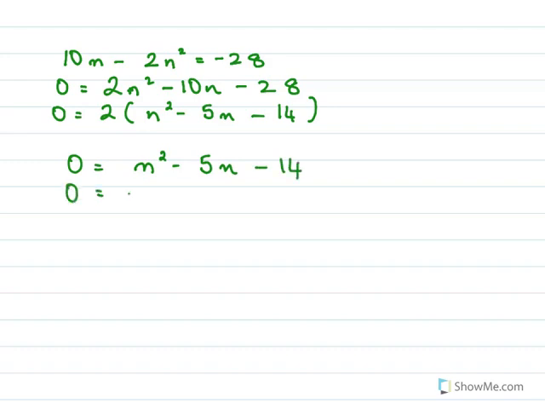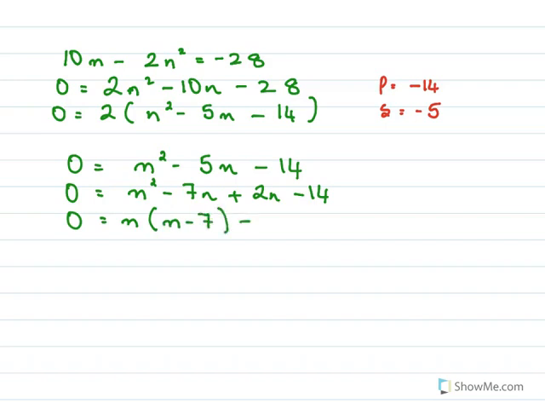Middle term split, n square minus 7n plus 2n minus 14. You know the product should be minus 14 and the sum should be minus 5. So 0 equal to n common out, n minus 7, plus 2 common out, n minus 7.